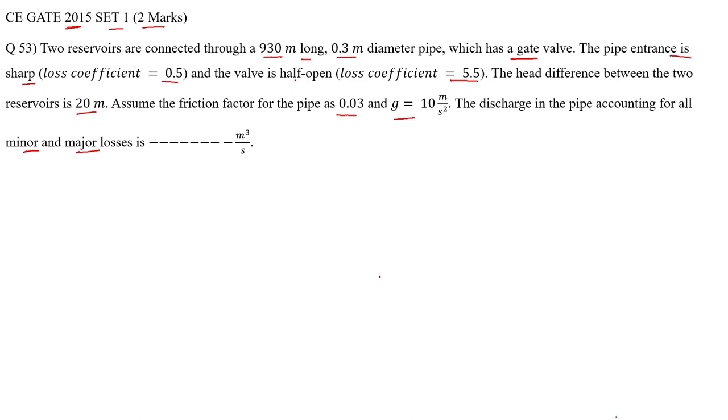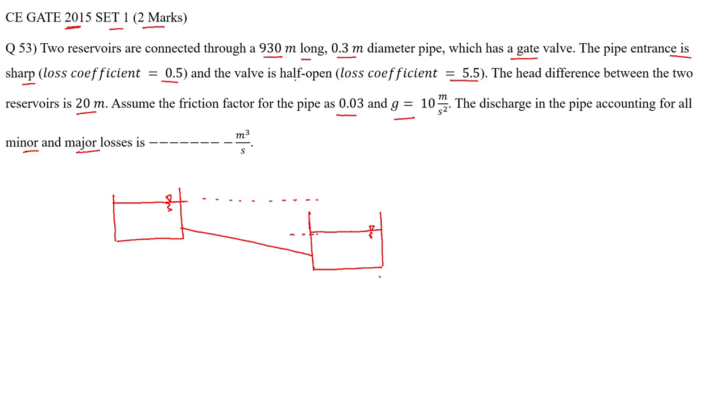Let's draw this diagram. There are two reservoirs connected by a pipe. Let's say in this reservoir we have this much water level, and in the other reservoir the water level is at this location.